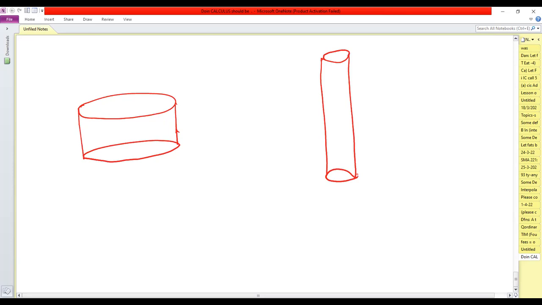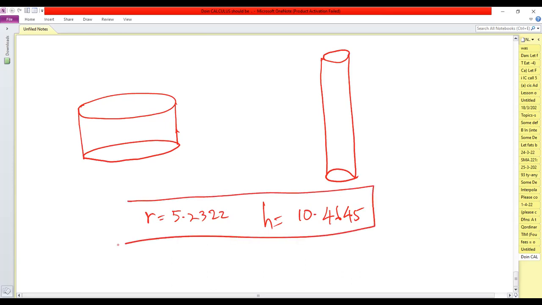So note that from the answers we obtained in the first case, R was 5.2322 and H is 10.4645. These two measurements from our calculation have a relationship that H is the same as 2R.